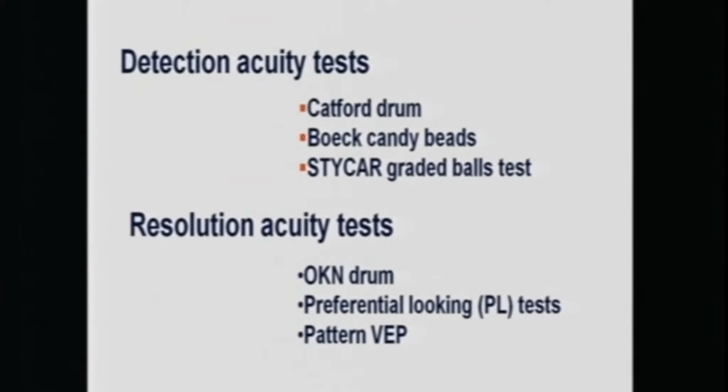You can have different methods of measuring visual acuity. You have detection acuity tests, where the child is just able to detect any object like candy beads or graded balls. The other method is resolution acuity, so whether they are able to resolve objects into their components, like using an OKN drum, preferential looking tests, which I'll be showing you, and pattern VEP.